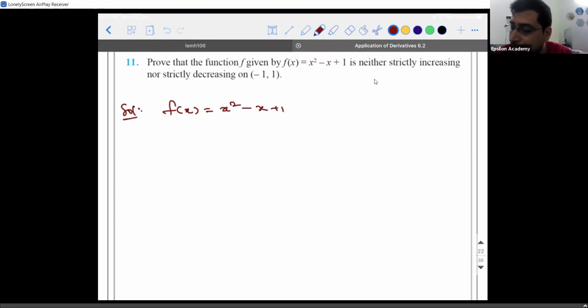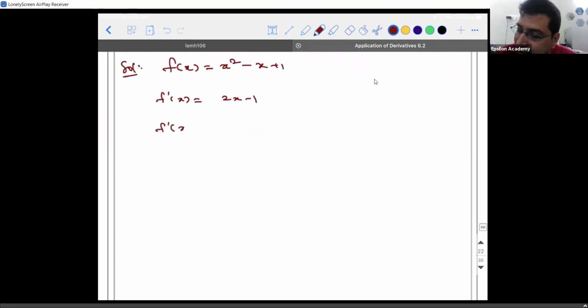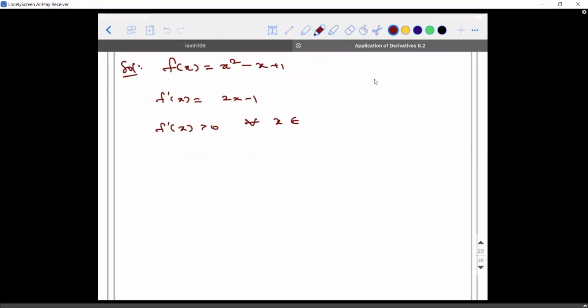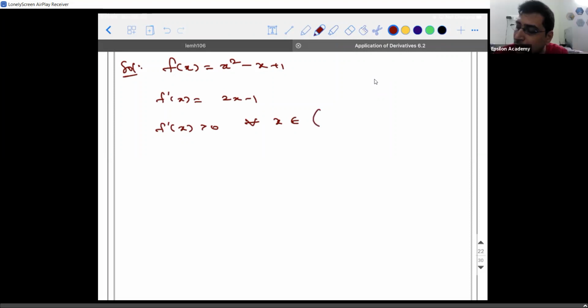So what is f dash of x? 2x minus 1. So f dash of x is greater than 0 for all values of x that belongs to 1 by 2 to infinity.